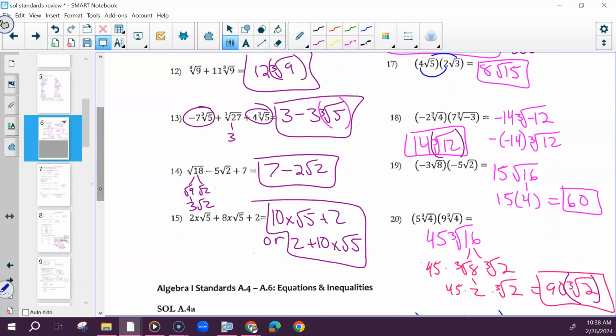Was 90 times the cube root of 2. I'm going to show a couple of these examples. This is another one where decimals won't solve it for you, but you could put it back in to double check: is your answer correct?